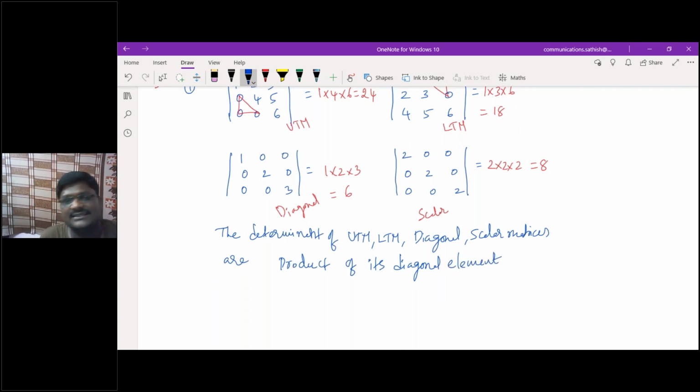You can represent it as this point. You can mention it here. This is the first most point you have to keep in your mind: product of its principal diagonal elements. Clear now? Is there any doubts in this case?